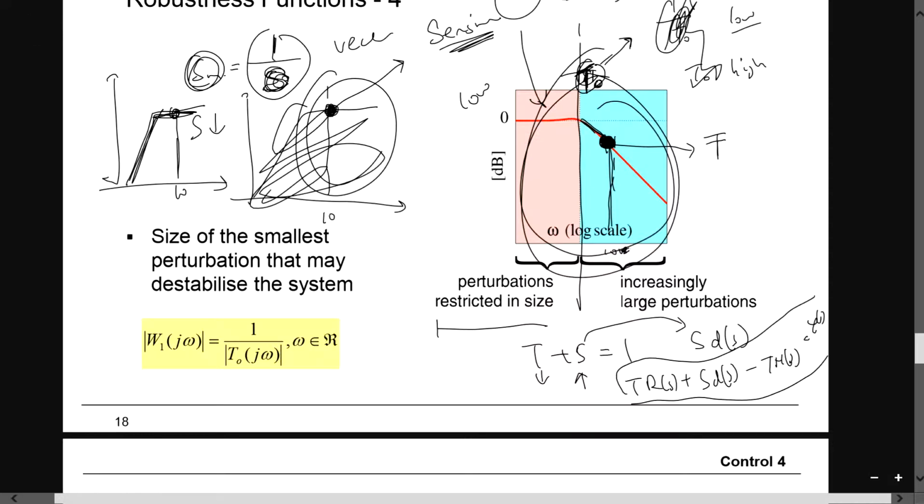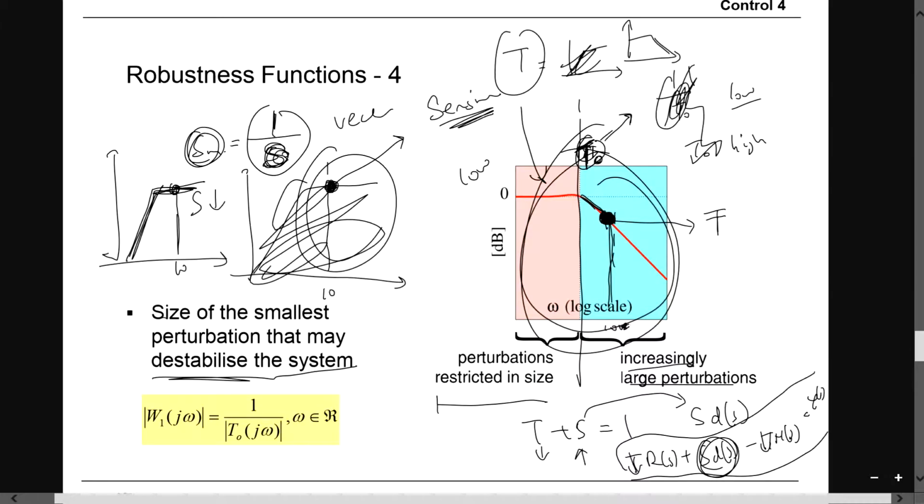So if your T decreases, then you're going to magnify your disturbance, and this is why increasingly large perturbation will cause destabilization. You're going to destabilize the system.